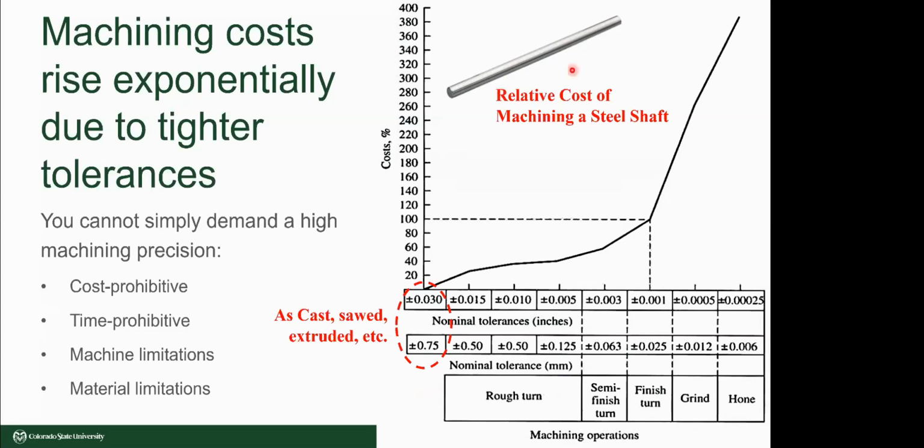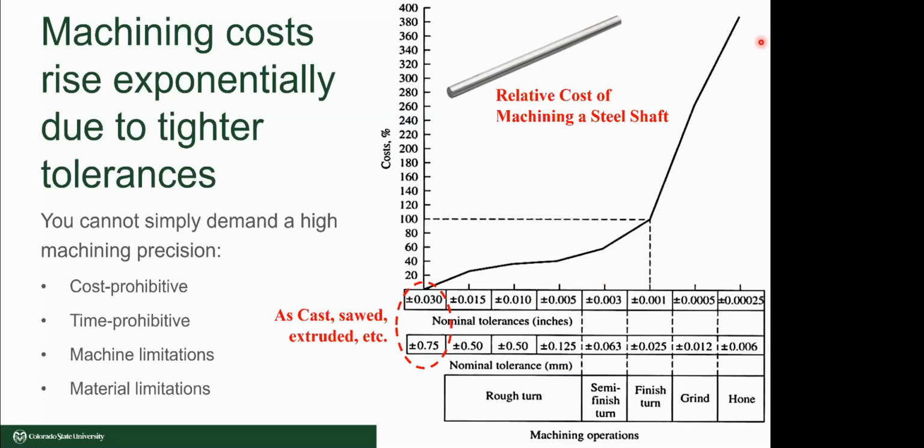So take, for example, the machining of something very simple, this cylindrical steel shaft here. The graph that I'm showing here is the percent cost increase to manufacture this shaft versus the tolerance that we've specified on the diameter of the shaft. The cost increase, as you can see, is exponential.